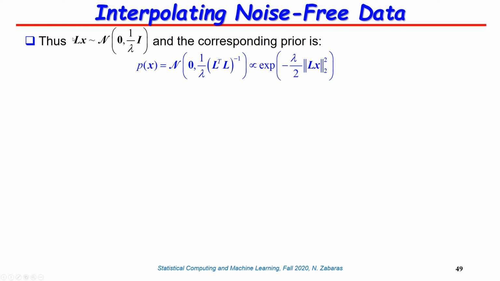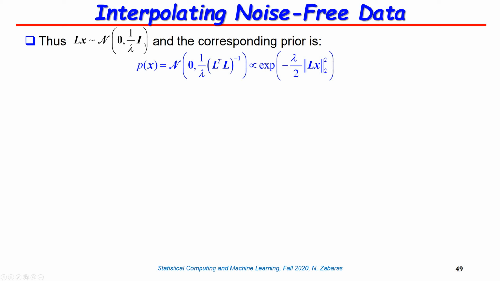Now again, how do I get the distribution of x to be this? If you call y equal L times x, so p of y is a Gaussian, in the exponent of this Gaussian you're going to have minus lambda over 2 y transpose y, and y is L times x. So that's where you get minus lambda over 2 times the L2 norm of Lx squared.